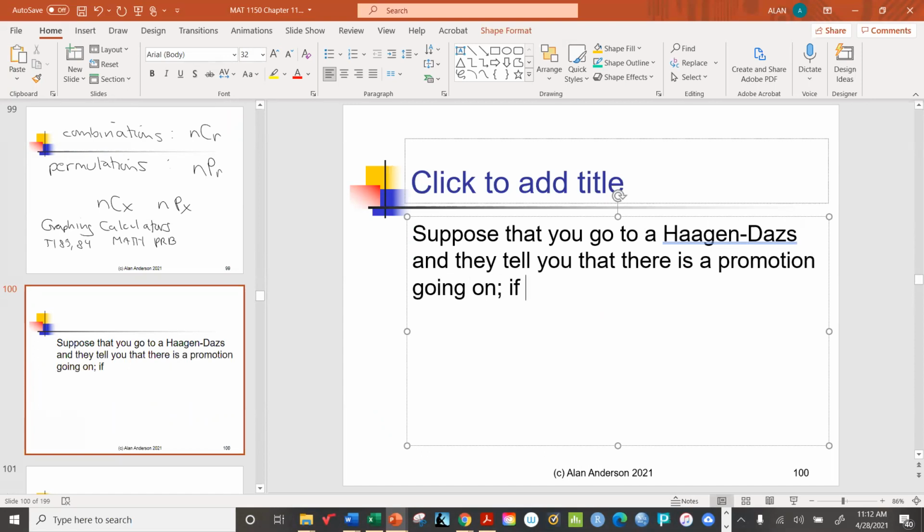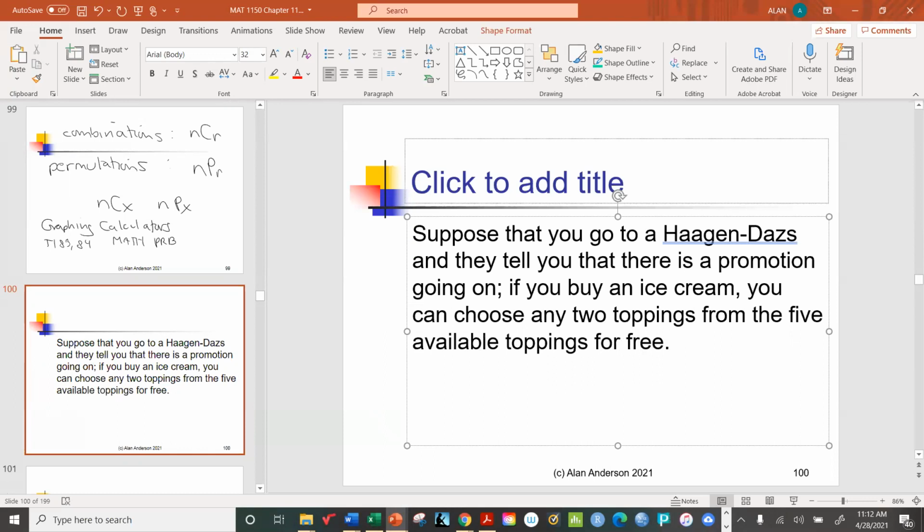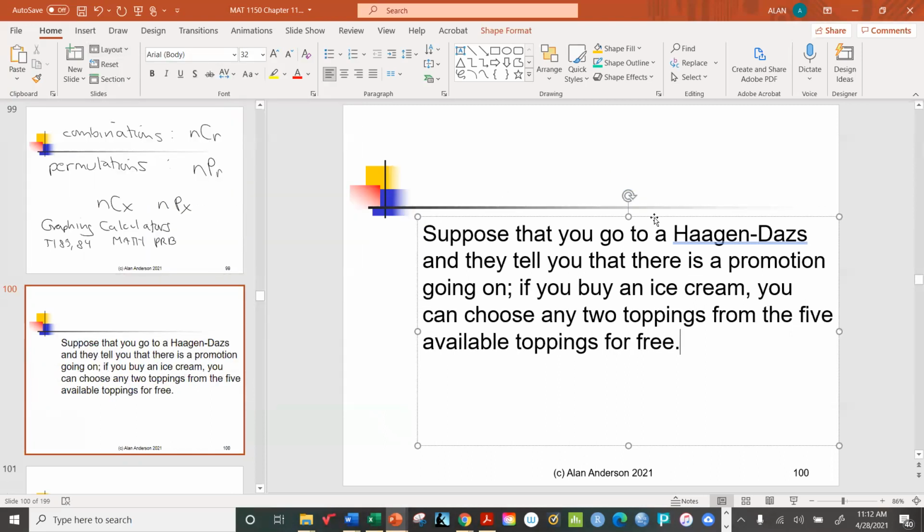If you buy an ice cream, you can choose any 2 toppings from the 5 available toppings for free. All right. So in other words, they're saying, listen, we have 5 toppings back here. Today only, if you buy ice cream, we'll give you 2 of these toppings for free.